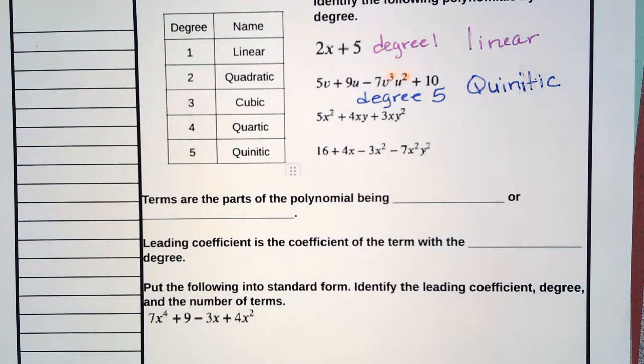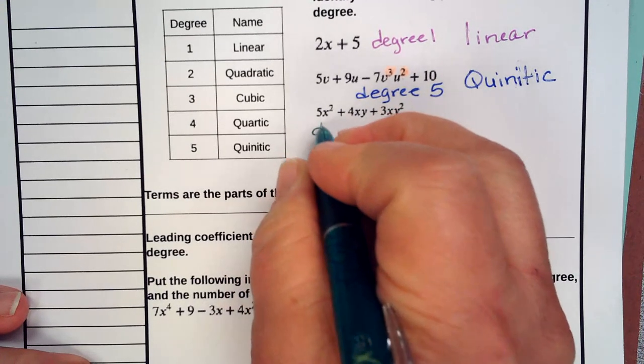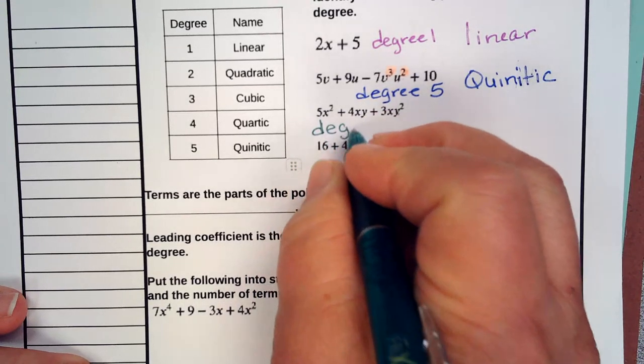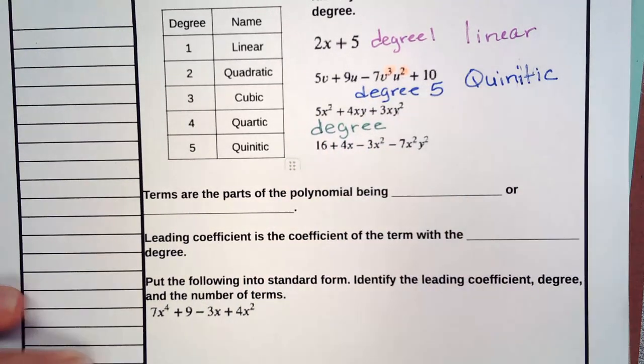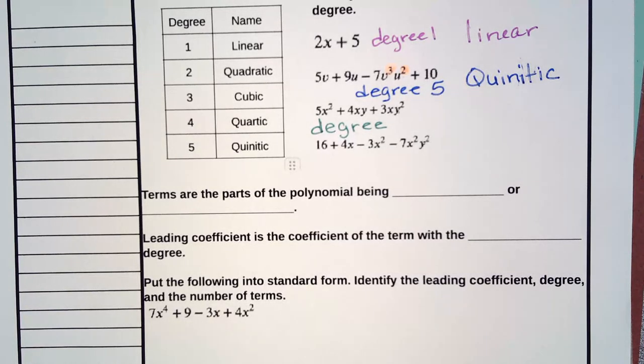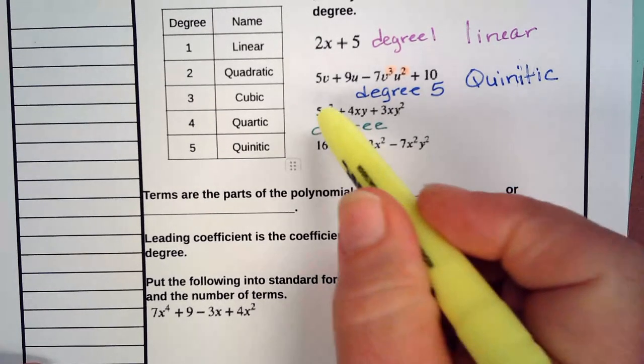Okay, stop, pause the video, and see if you can do the next one on your own. Find the degree and then identify it according to the name. Okay, I need to look and see which is the largest. I've got to the second here.